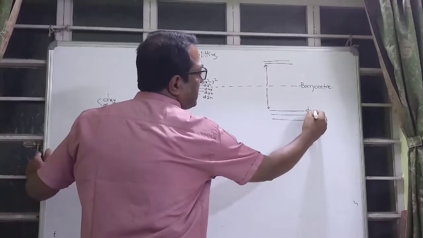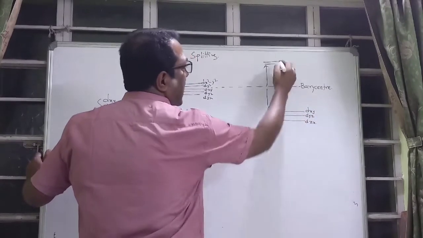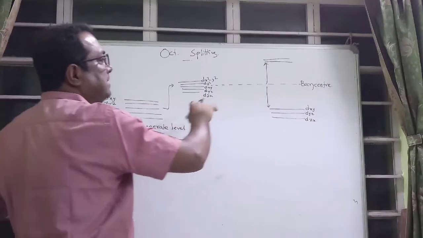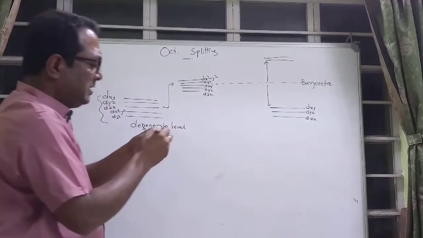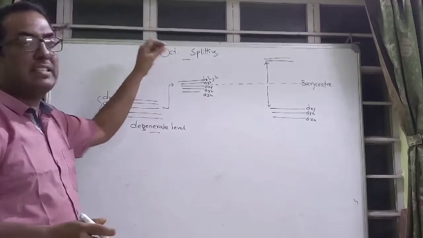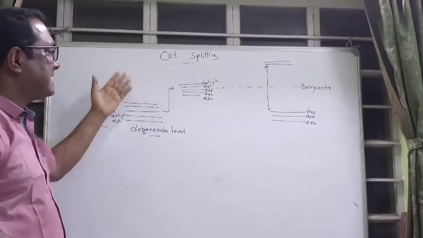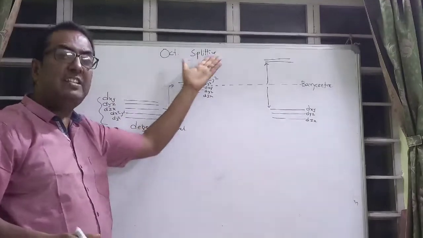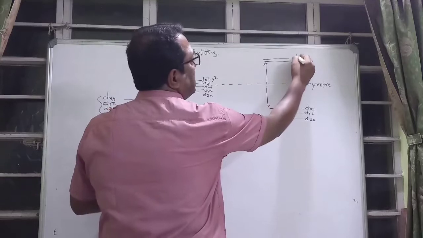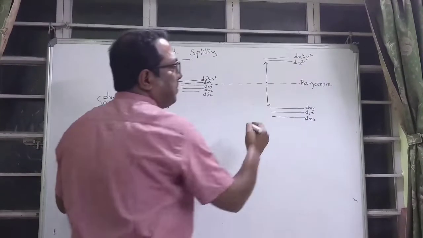And 2 of the orbitals go with a higher energy, they split up. Their family gets split up. This splitting is called the octahedral splitting, or better, crystal field octahedral splitting. So they split up, and this is how it comes: dx square minus y square and dz square.